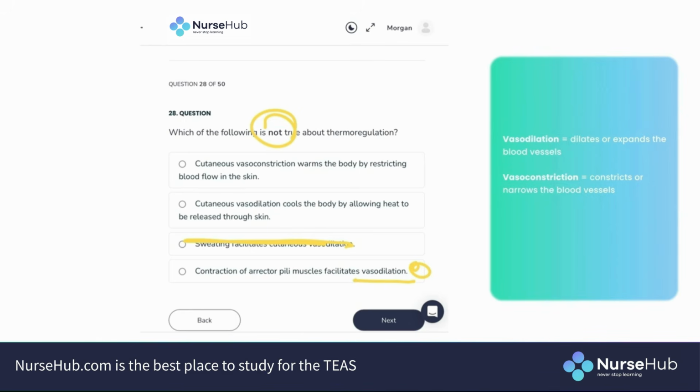This is a true statement. I can go ahead and eliminate this because, again, we're looking for what's not true. And finally, cutaneous vasoconstriction warms the body by restricting blood flow to the skin. That is true. I can eliminate it because it is a true statement. So our correct answer is that first one we looked at. We can go ahead and select it. Let me delete my annotations and select the correct answer here. And we can click next.